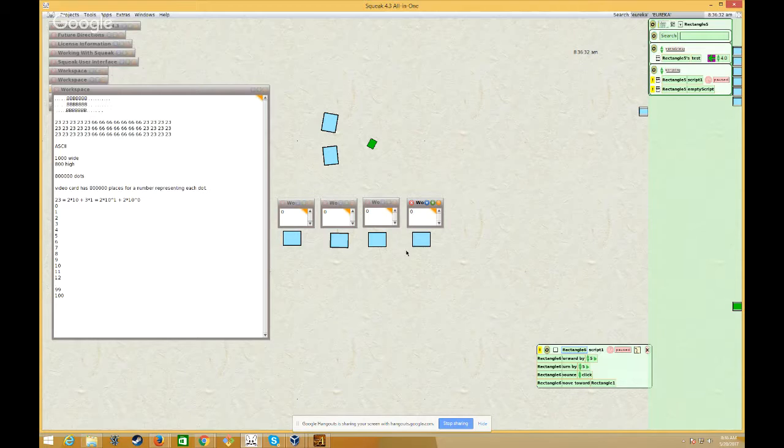Well, now I have 0 instead of 10, so that's not helpful. What I want to do is represent the number 10. I put a 1 in this position, and this is times 10 raised to the 1. And we'll just mark this as times 10 raised to the 0.